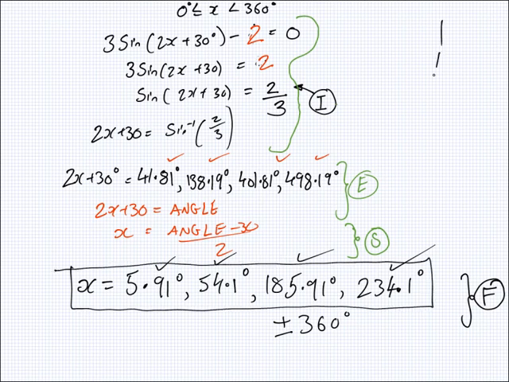So the order is I, E, S, F. You get the inverse, you get the extra answers, you simplify to x, and you fix any angles outside the range.